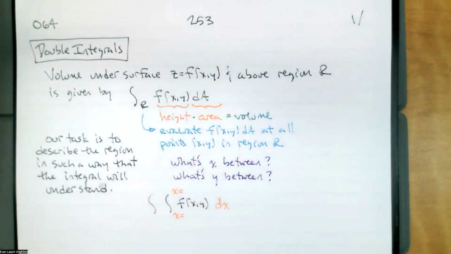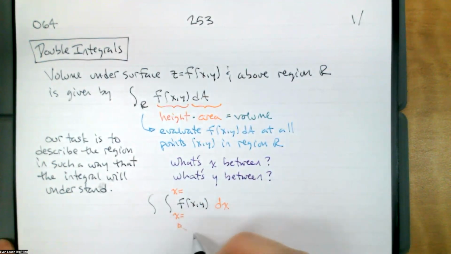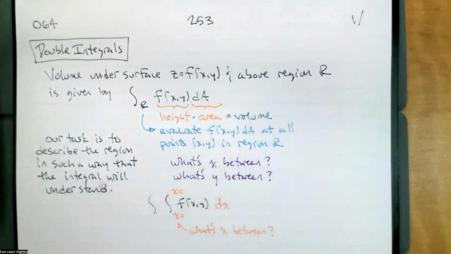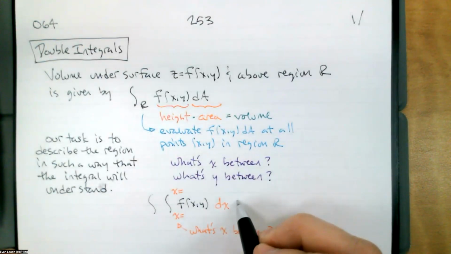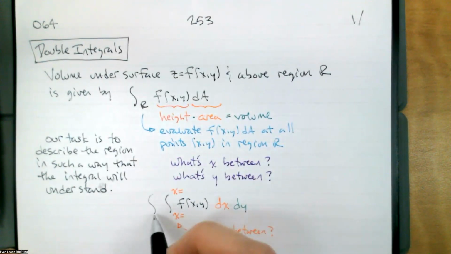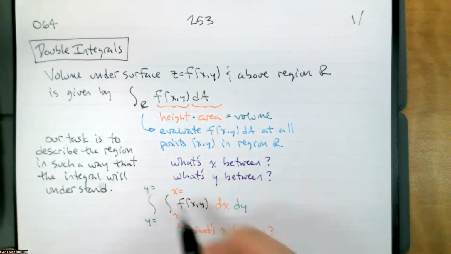Here's where we're describing what's x between. And then our other integral can be a dy. And so this outer integral will answer the question, what's y between?